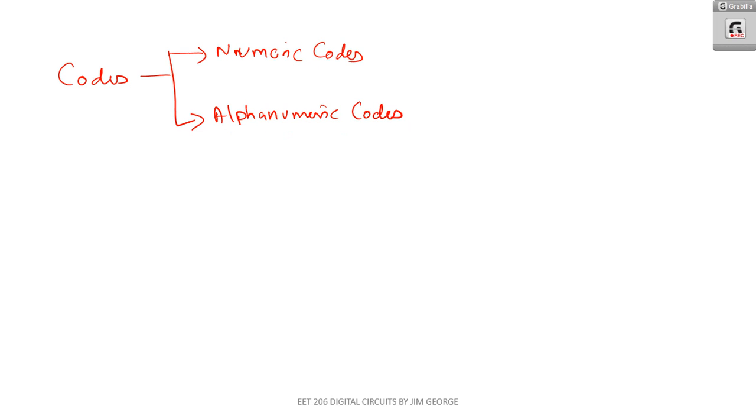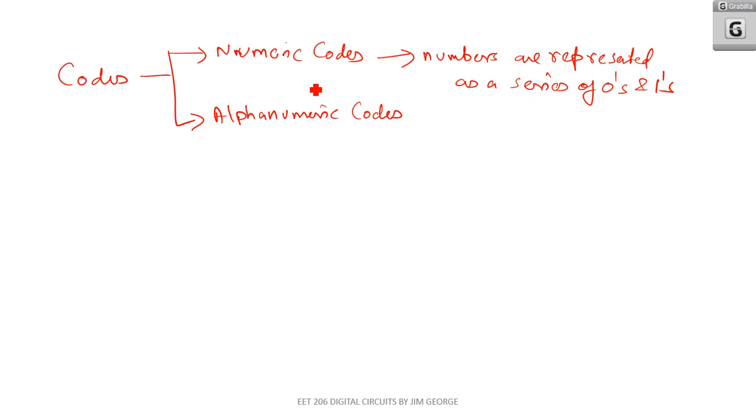Here numbers are represented as a series of zeros and ones. Such kind of representation is known as numeric code.